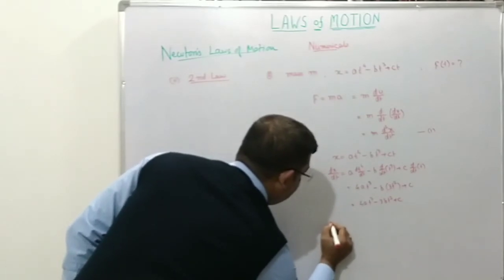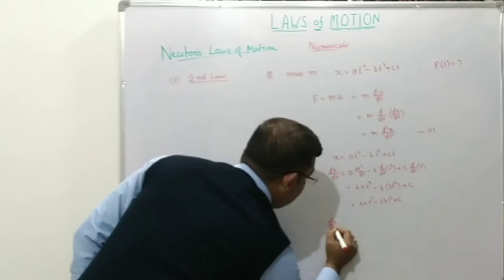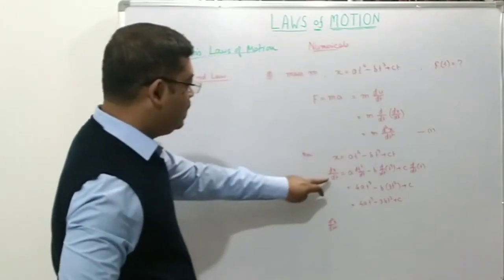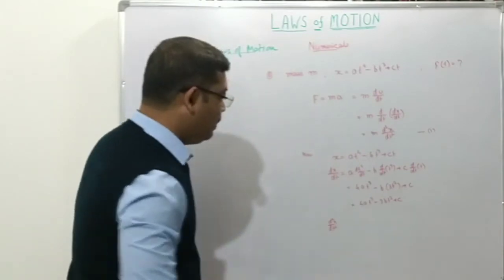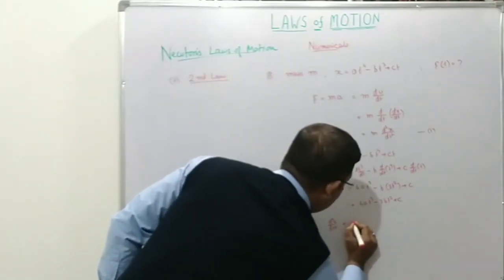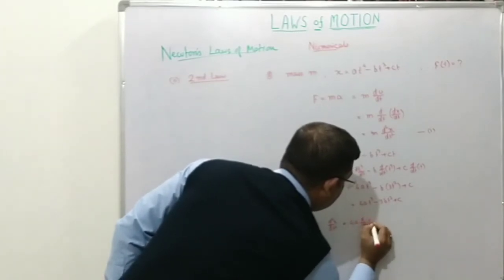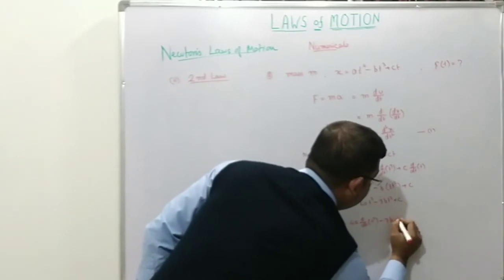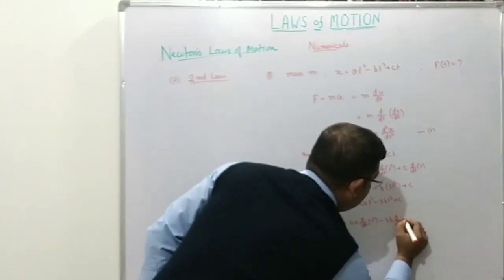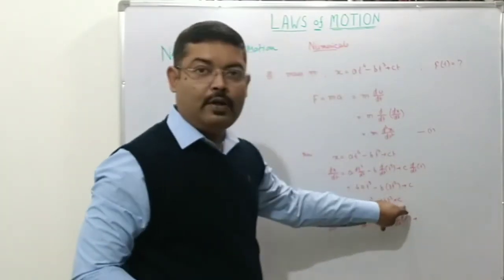Therefore, d square x by dt square, which is differentiating dx by dt with respect to time, is equal to 4a d by dt of t cube minus 3b d by dt of t square plus differentiation of the constant with respect to time.